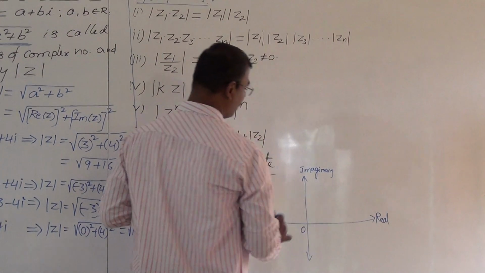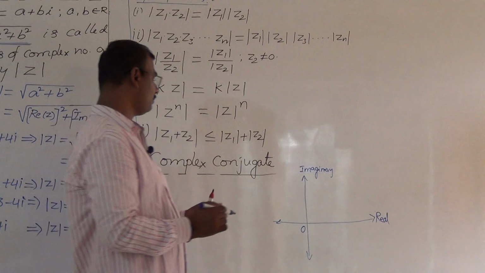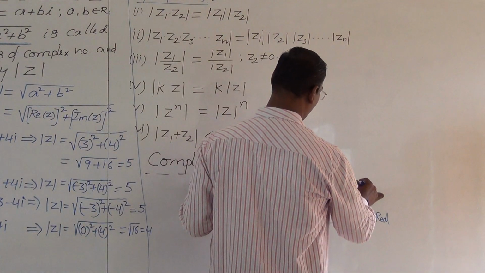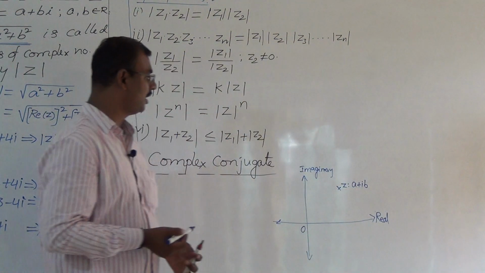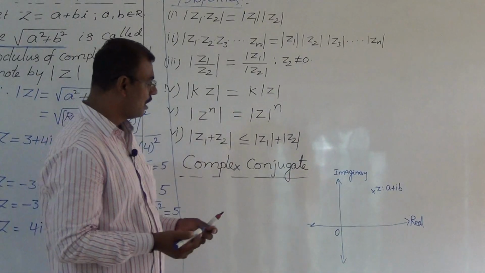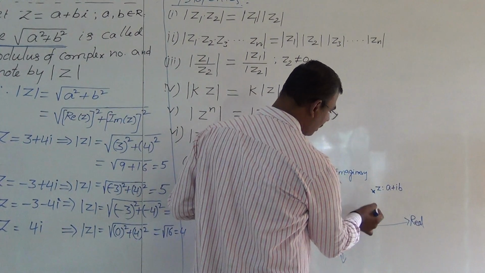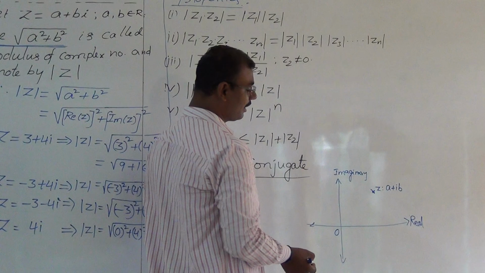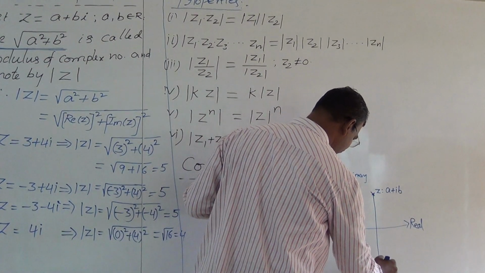Now take any complex number. Let z be equal to a plus iota b. Now this number is reflected in the real axis. So how to reflect this one? It is reflected like this.